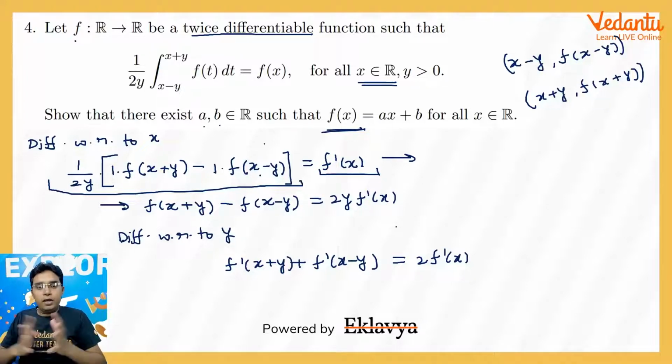So whatever y you choose, that means x is so located that if you take differentiation, it will be equal to the slope of a chord joining 2 points, and these 2 points are equally spaced about x: one at x minus y, one at x plus y. And I think such is a property of a parabola also.